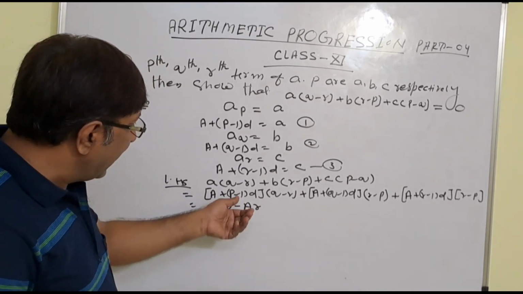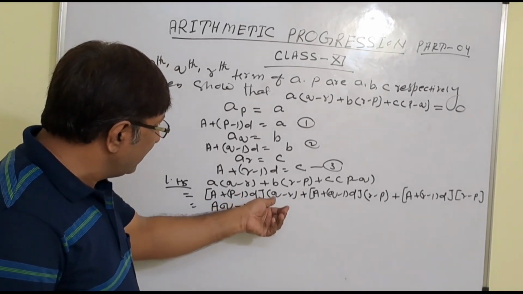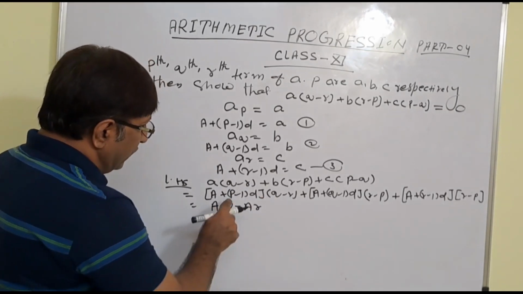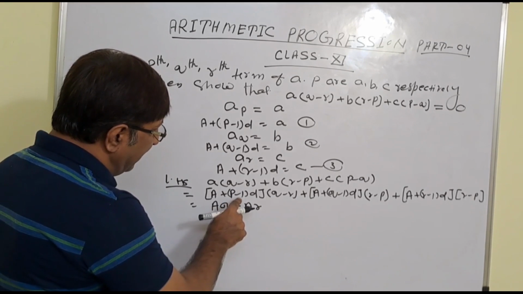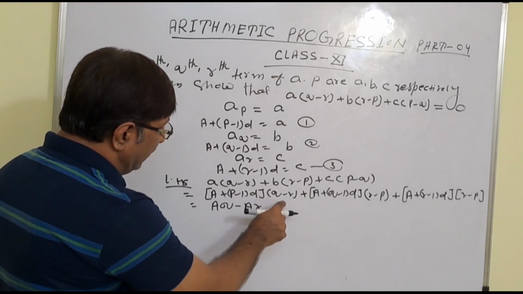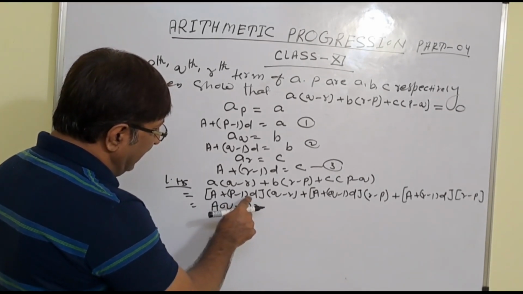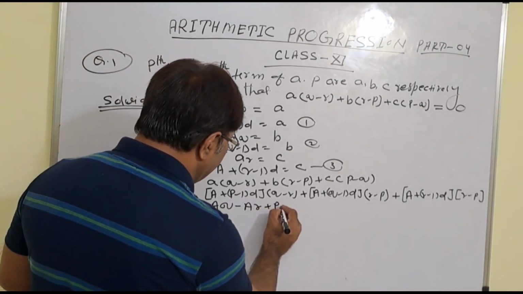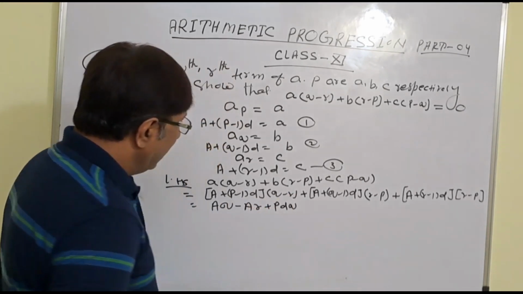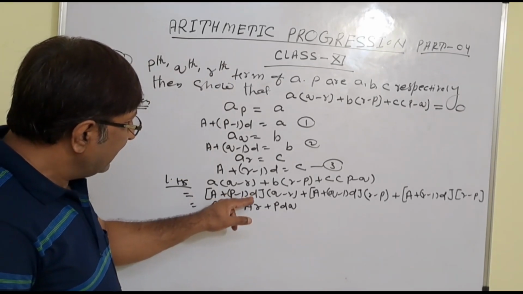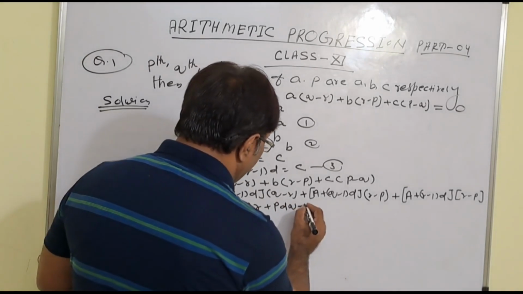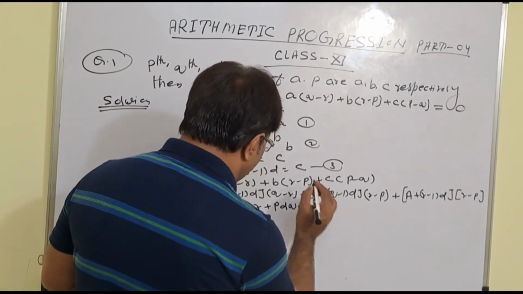Now (P minus 1) into D times (Q minus R): first PD times Q, so plus PDQ, and PD times minus R, so minus PDR.